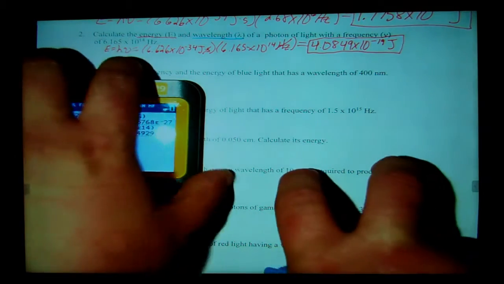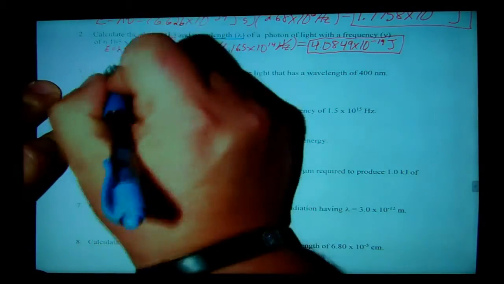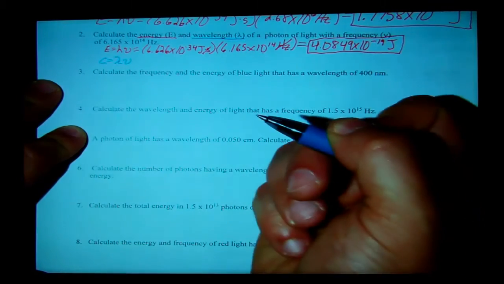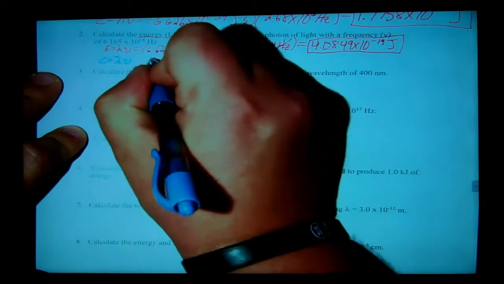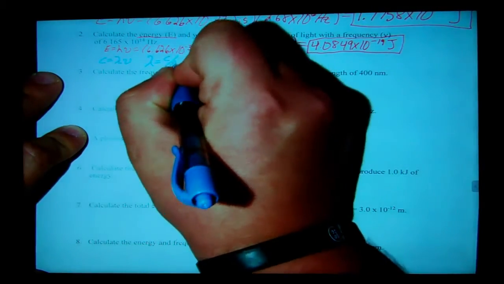Now we're looking for wavelength. This is the one that I think nobody likes because it requires some skill from algebra. So the speed of light equals wavelength times frequency. I'm trying to find wavelength, so wavelength is equal to the speed of light divided by frequency.